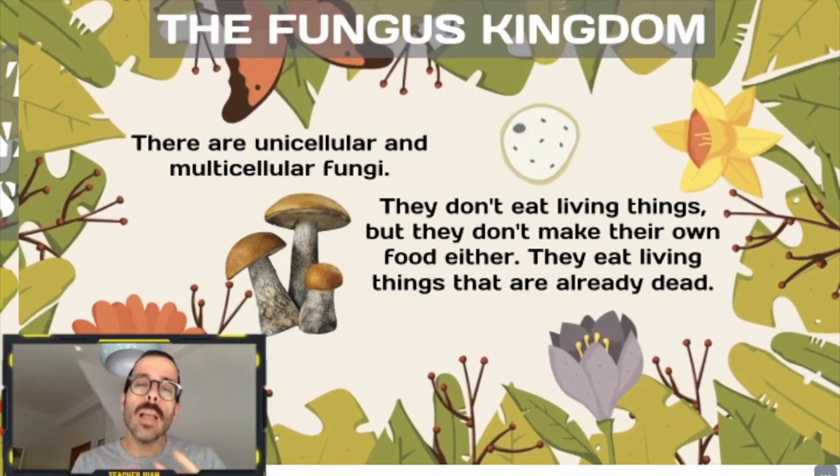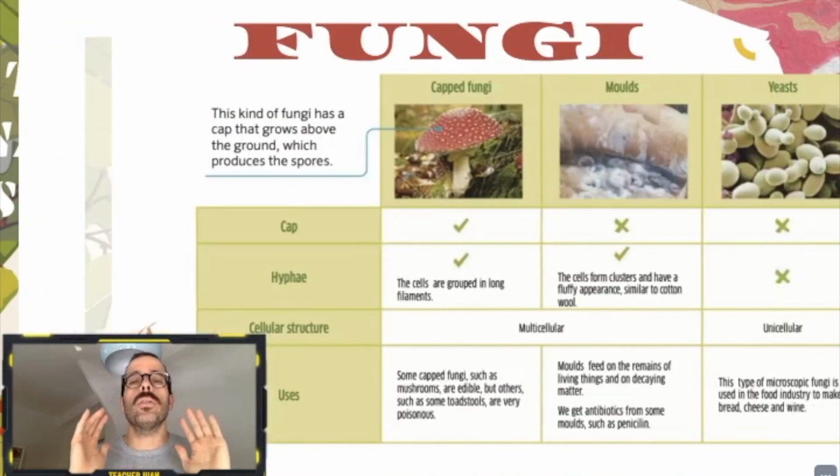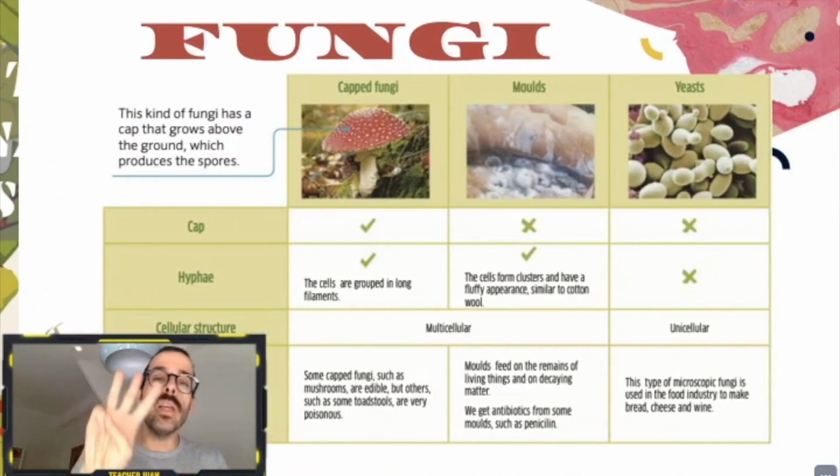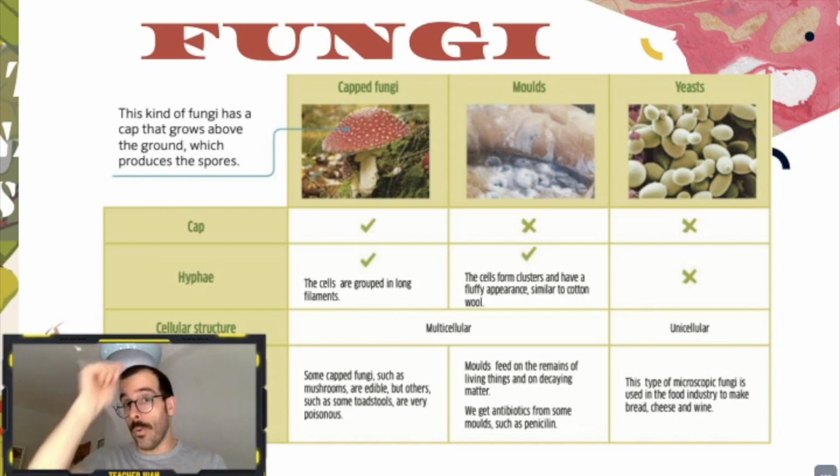So we are going to study this fungi kingdom a little bit more, and we're going to see that there are three types of fungi. We are going to distinguish between the capped fungi, those that are wearing a hat, a cap, okay?